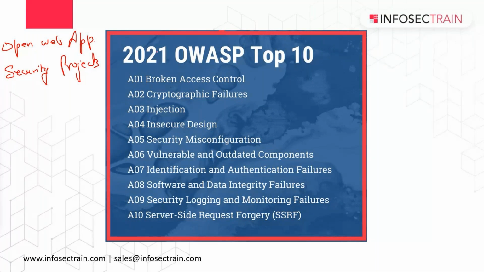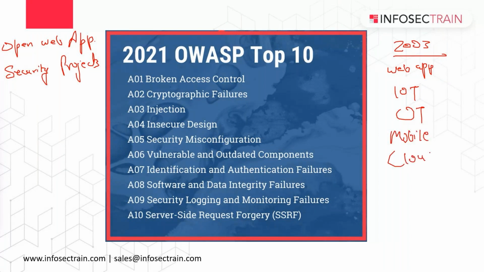Now, the thing is that OWASP started in 2003 only for web applications. Nowadays, there is OWASP Top 10 for web apps, right? You will find OWASP Top 10 for IoT, for OT, for mobile, right? For cloud, right? For everything there is an OWASP Top 10, right? For LLMs there is an OWASP Top 10.